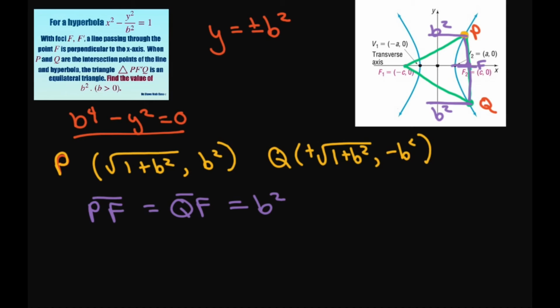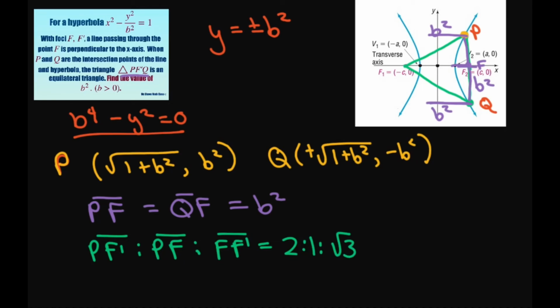Since we know that triangle PF prime Q is an equilateral triangle, then we have PF prime to PF to FF prime equals 2 to 1 to square root of 3, just based off equilateral triangles.